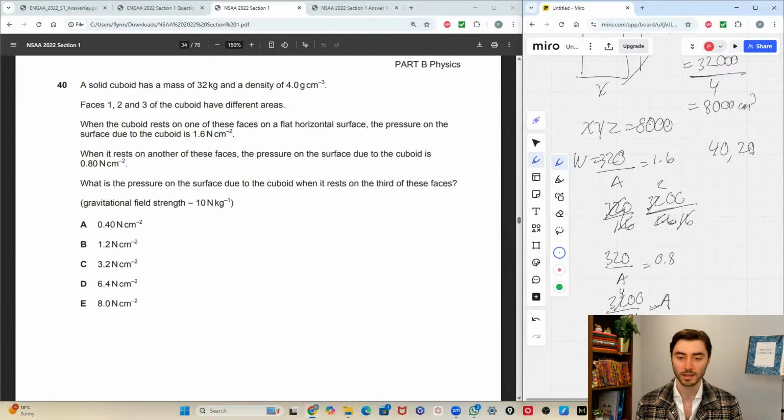So the third of these faces, when it's sitting down on that face, is 800. So the weight over the 800 cancels, 8, 4, 10, 0.4 newtons per centimeter squared. So that's A.